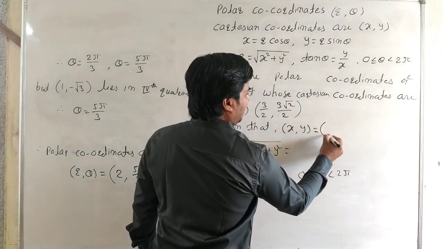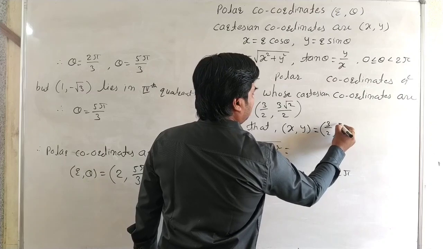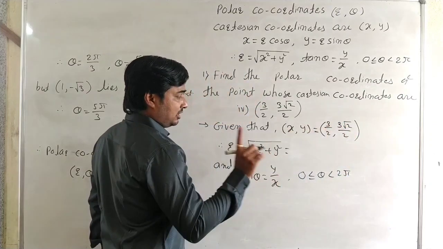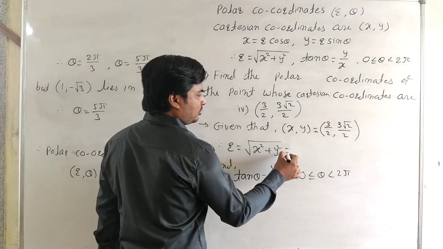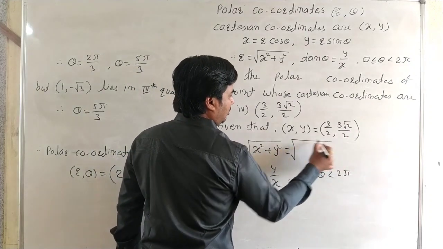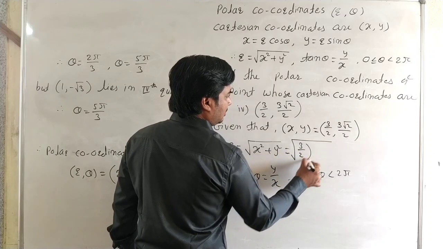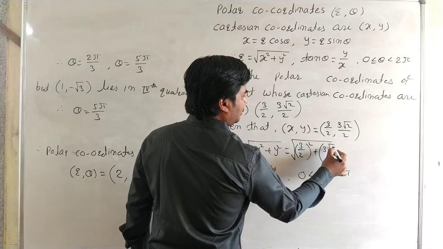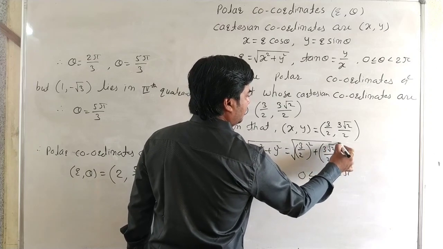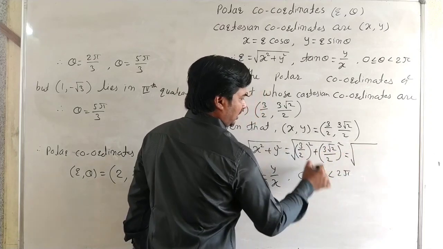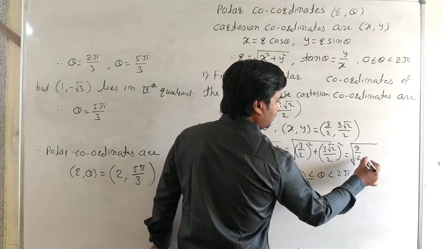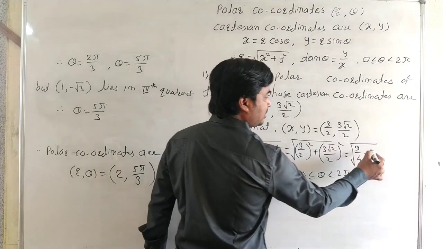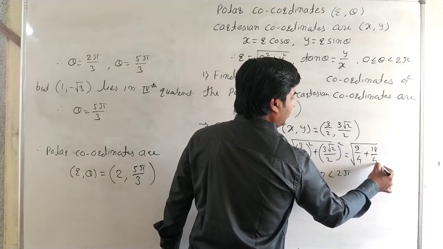Here given are the Cartesian coordinates, then r is equal to under root of x square plus y square, under root of 3/2 square plus 3 under root 2/2 whole square. Then its calculation is 9/4 plus 9 into 2, that means 18 upon 4.